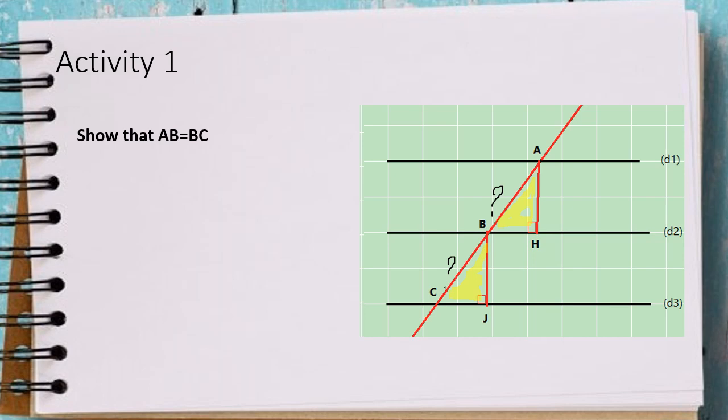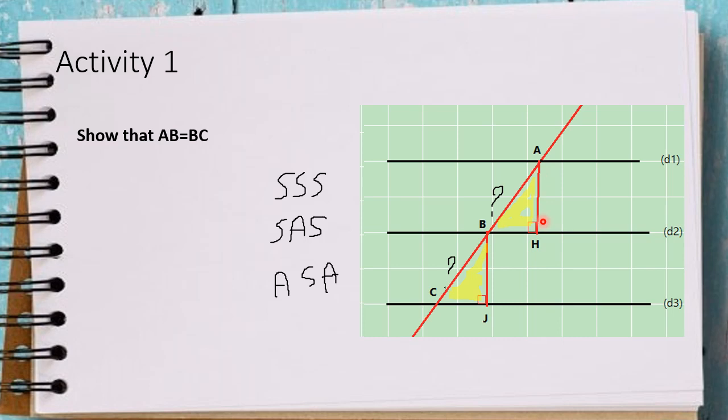How do we prove congruent? We have 3 methods: side, side, side; or side, angle, side, where the angle should be between the 2 sides; and angle, side, angle, where the side should be between the 2 angles. So let's see what we have in these 2 triangles. First of all, we said that these 3 lines are separated by equal distances.